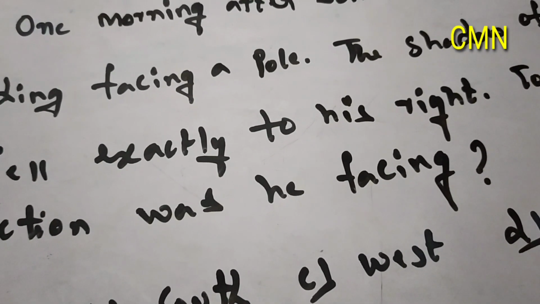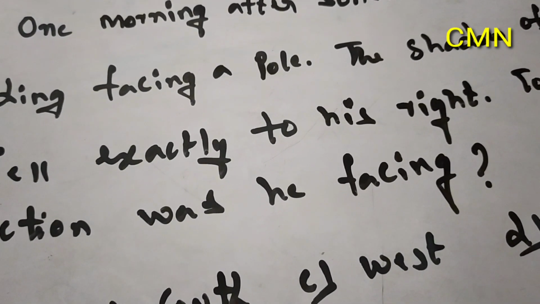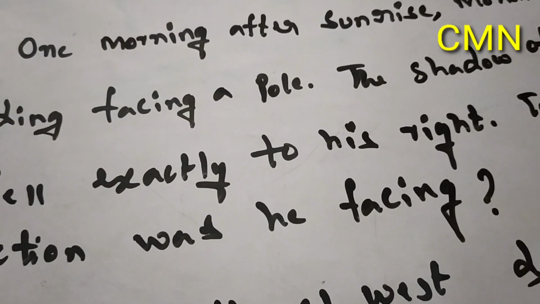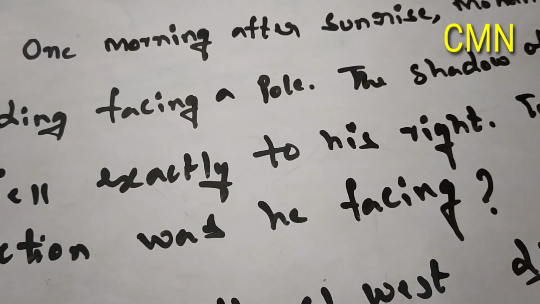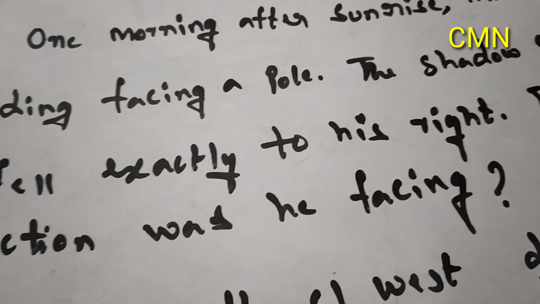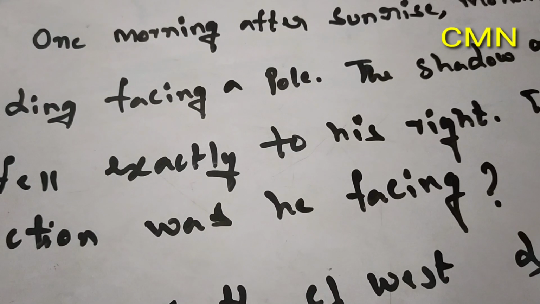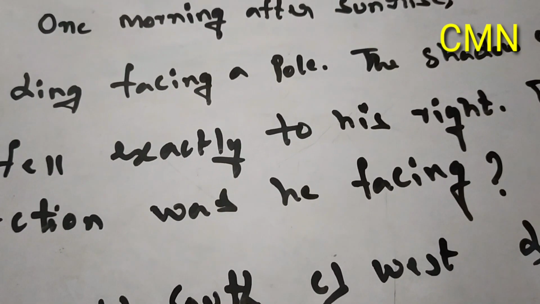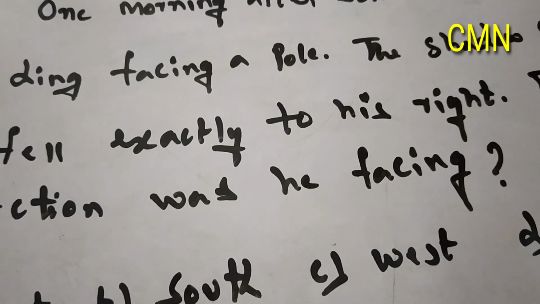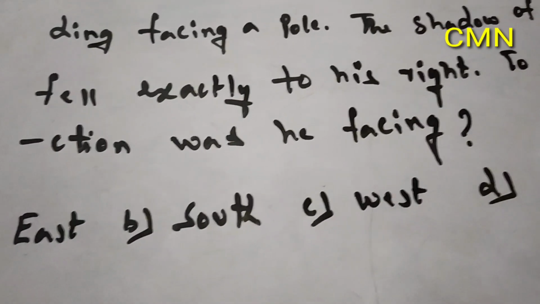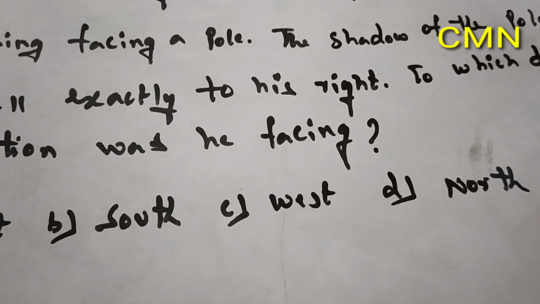Mohan is facing the wall, but the shadow is exactly on his right side. So which direction is he facing? Option A east, option B south, option C west, option D north.